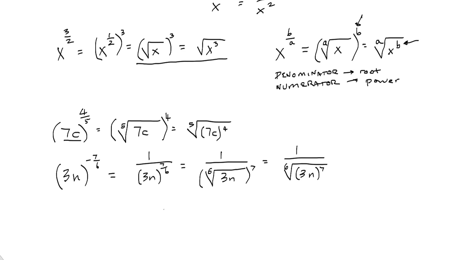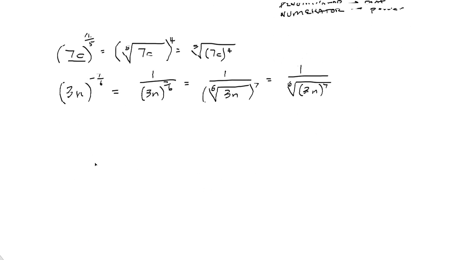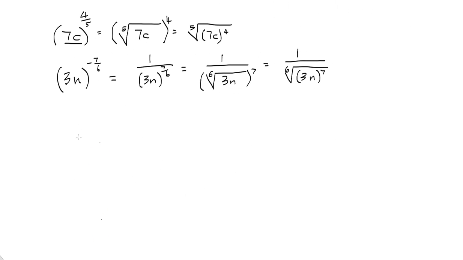And make sure you can go the other way as well. Make sure that if you're given a radical, you can also write it as a fraction exponent. For example, if I were to write, say, 10y, and we're going to take the 4th root of 10y raised to the 9th power. Okay? We're going to say 10y. My denominator is my root, that's 4.